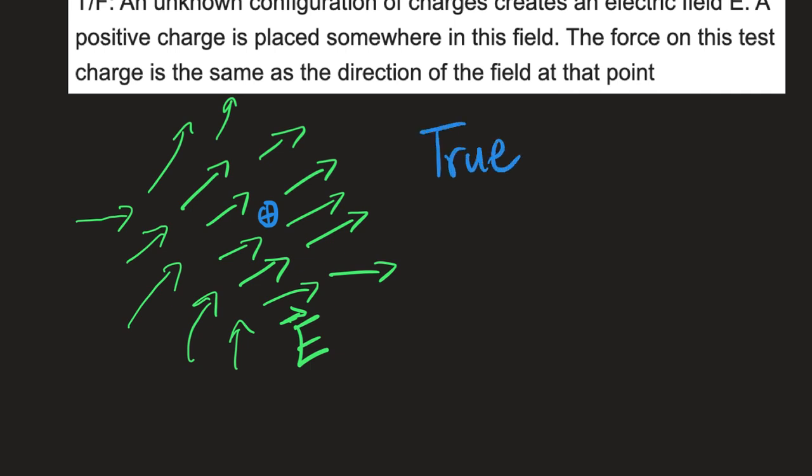So the force on the test charge is going to be indeed in that same direction as the field right there, and that is because of what we just said before, which is that the electric force from that electric field is equal to Q times that electric field, and we just have some small positive number here for the charge of our test charge.